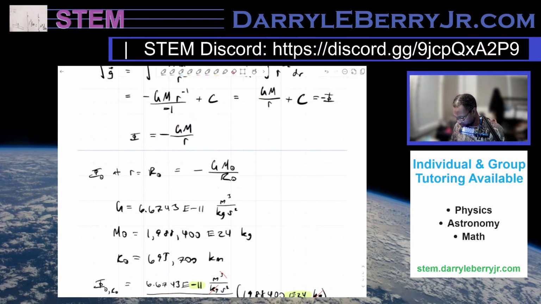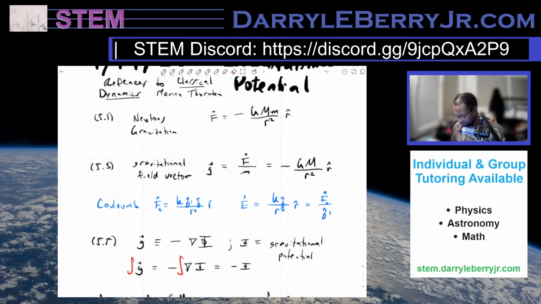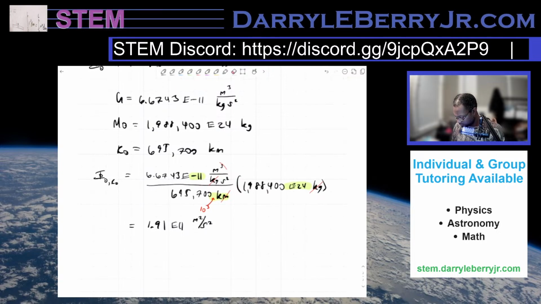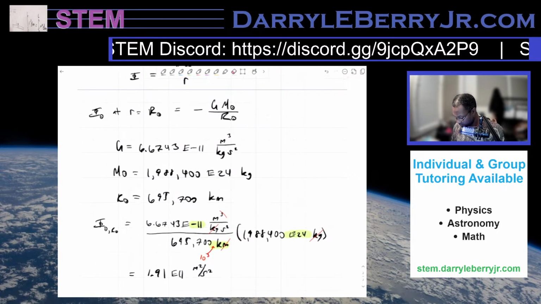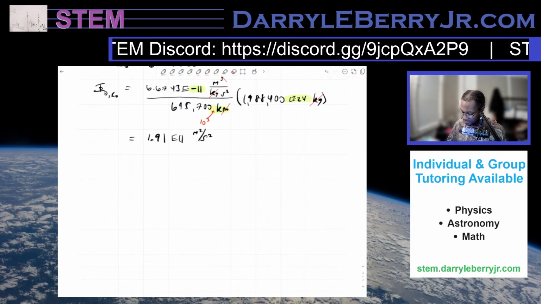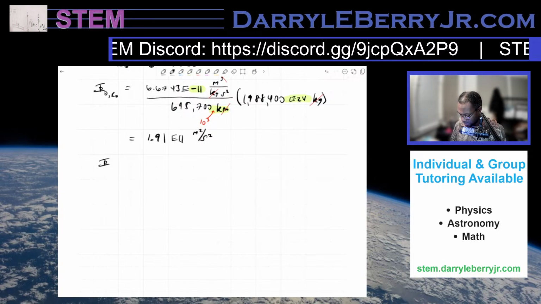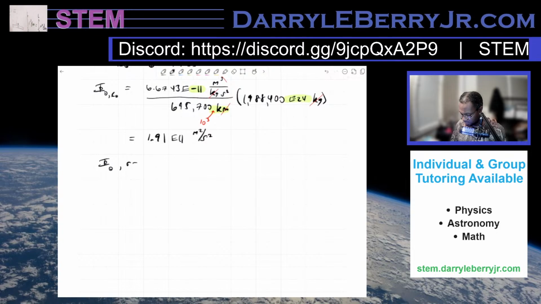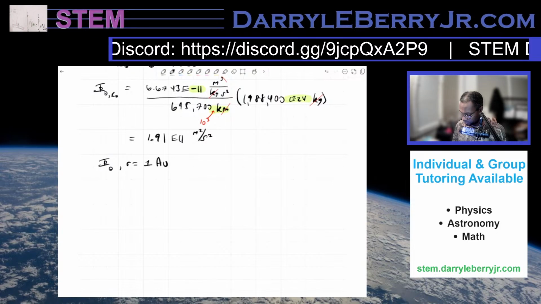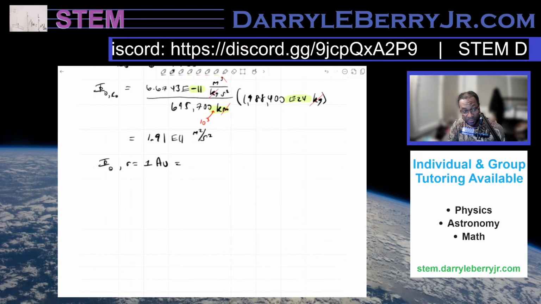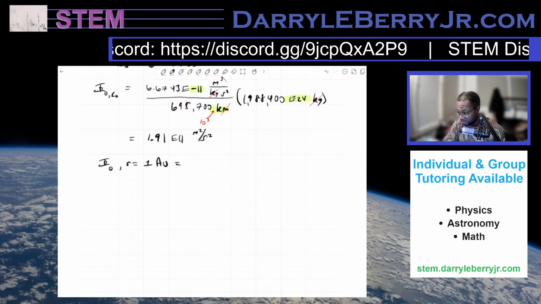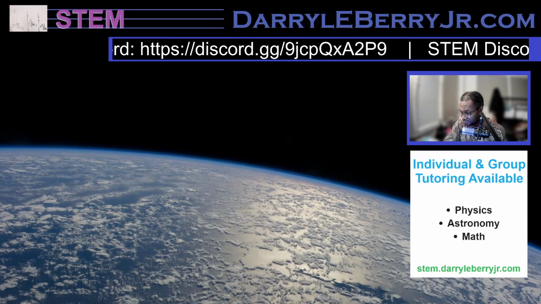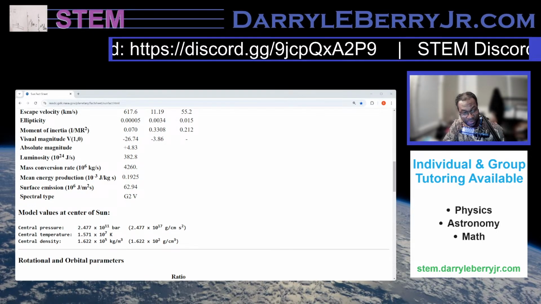And for the time being, we can get the potential of the sun at the Earth. We can say r equals 1 AU, which I believe is already in the sun fact sheet.